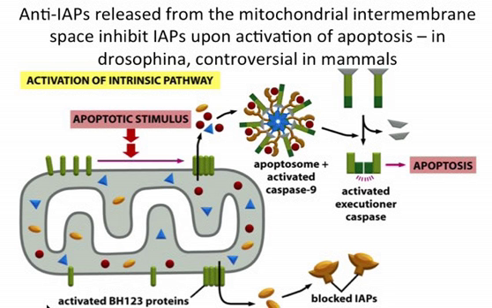What would happen if you don't block the activity of your IAPs? Let's say there's a defect in your anti-IAPs and you activate intrinsic apoptosis. Will that be successful? No, because you'll have these IAPs floating around that are going to bind to your activated caspases and prevent them from functioning.